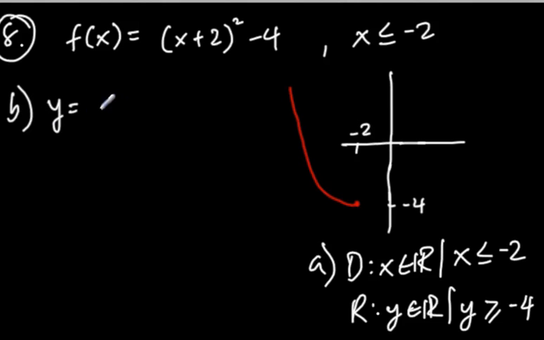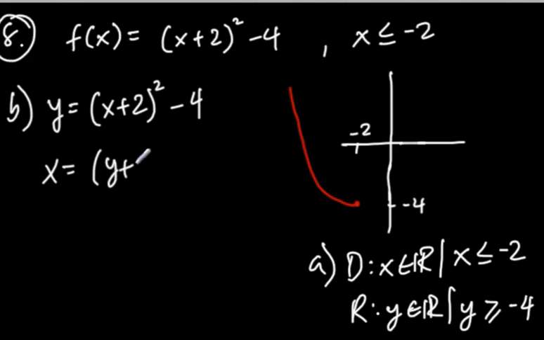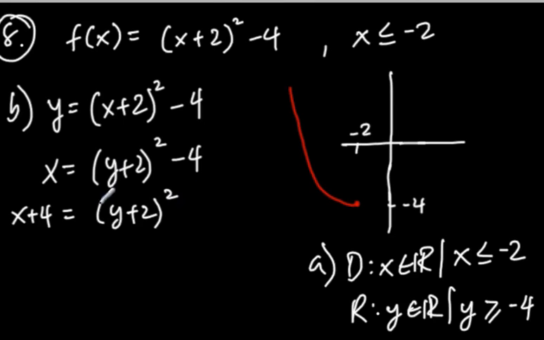So y is equal to (x plus 2) squared minus 4. If we want to find the inverse, switch x and y. X is equal to (y plus 2) squared minus 4. Then we have to solve for y. So we add 4 first. So x plus 4 is equal to (y plus 2) squared. Then we want to get rid of the squared, so we square root both sides.